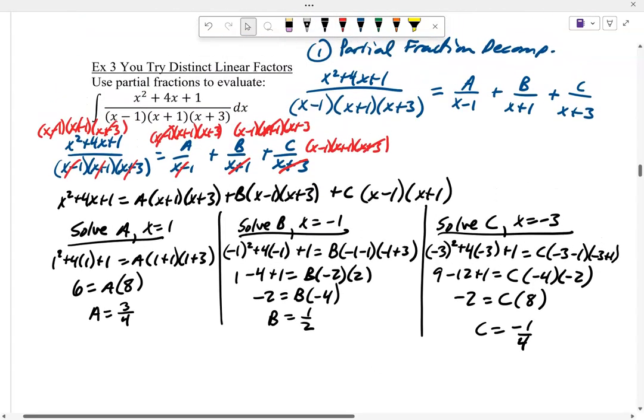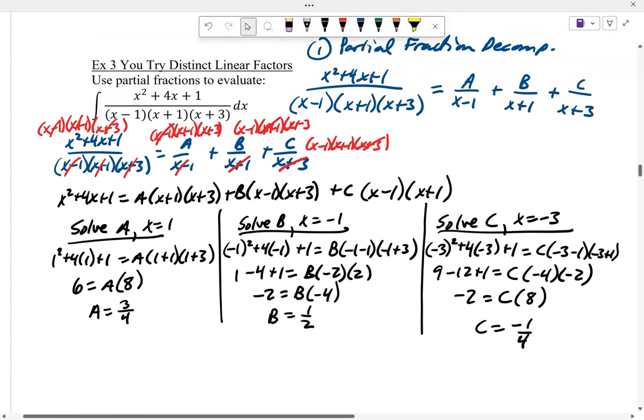Alright, so there's our first step, the partial fraction decomposition, which I solved with distinct linear factors here.